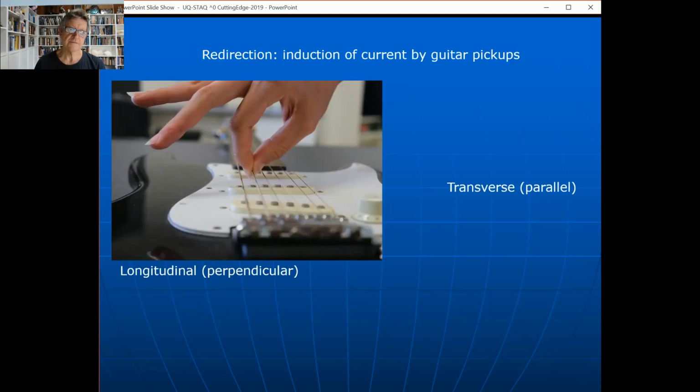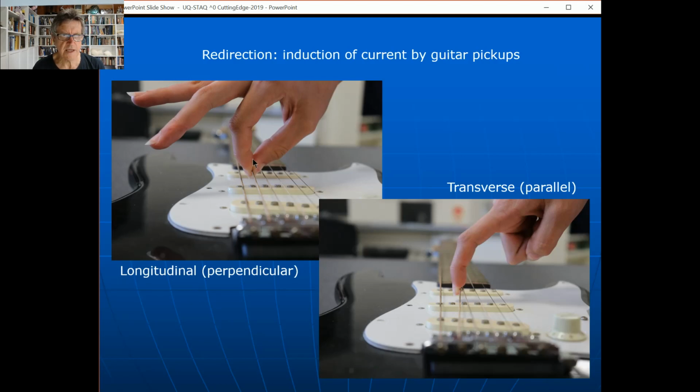Now this is what you can apply it to in real life: a guitar. If you pluck a guitar up and down, you get something different than if you pluck it longitudinally. I'll just quickly show you. Plucking it perpendicular to the body of the guitar, you'll get one set of frequencies, and if you pluck it transverse, you get another set. I'll show you why.